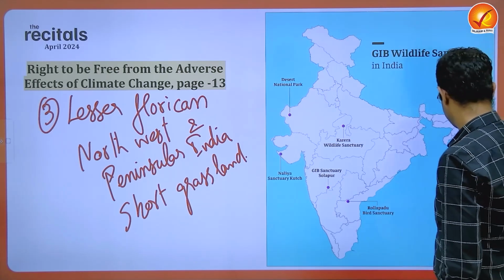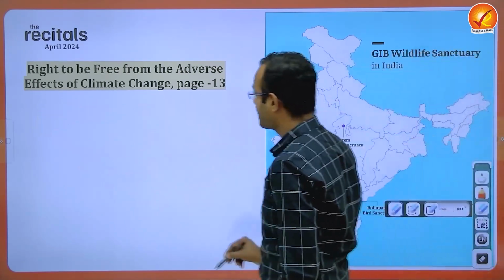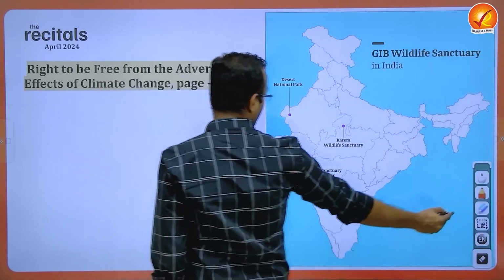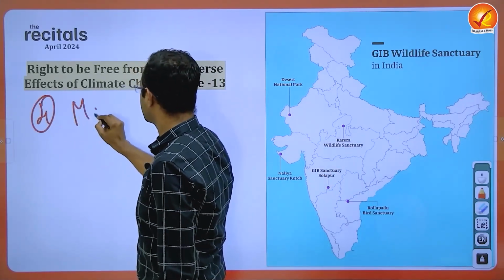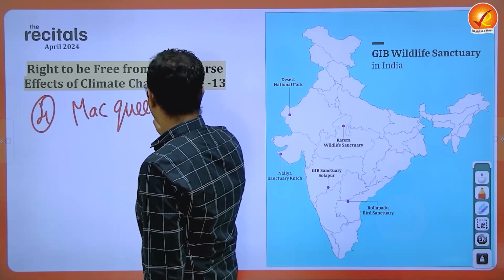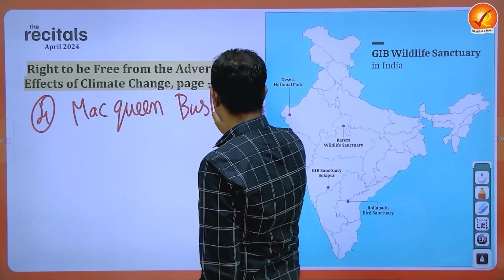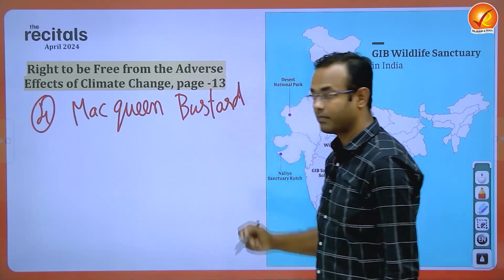The next one, the fourth bustard in India, is McQueen bustard.